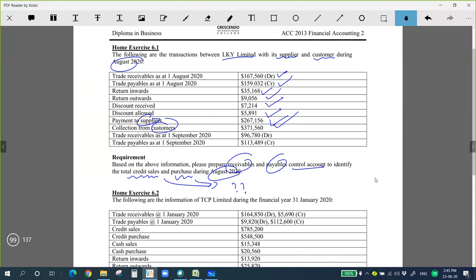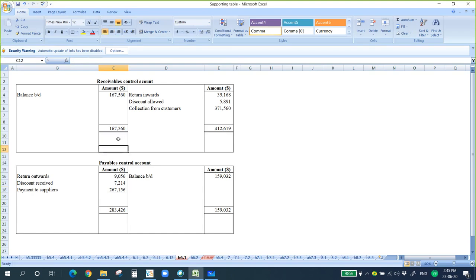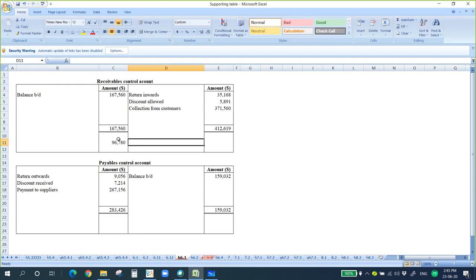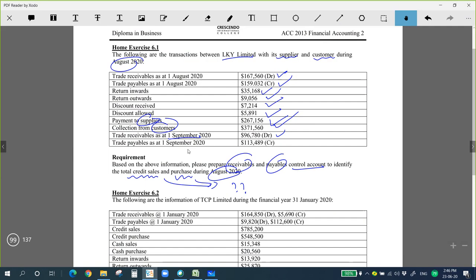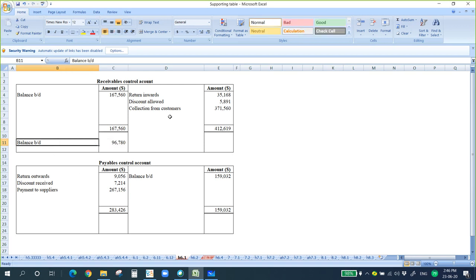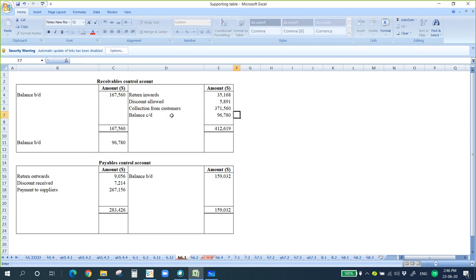So it says that my trade receivable as at 1st September 2020 is a debit balance 96780. So this is my balance BD. You see, they say in the next accounting period. So my BD is on the debit, the CD is on the credit, 96780.